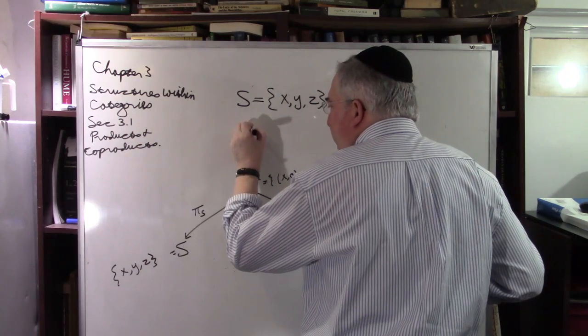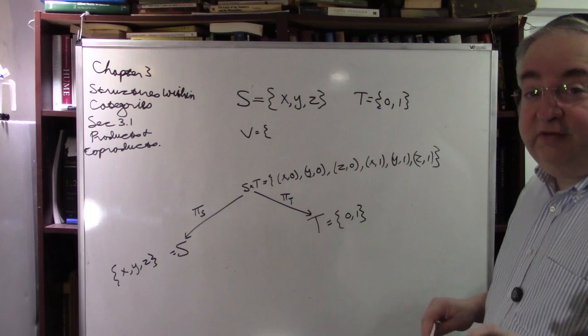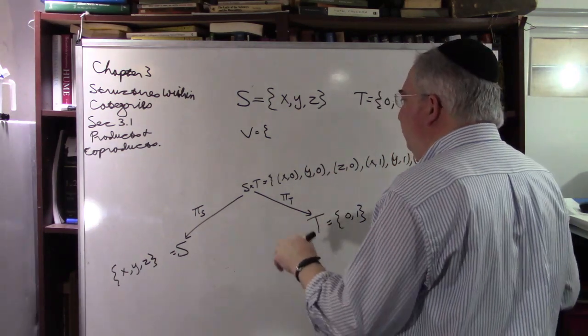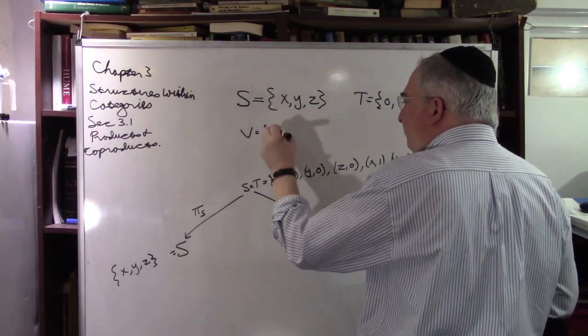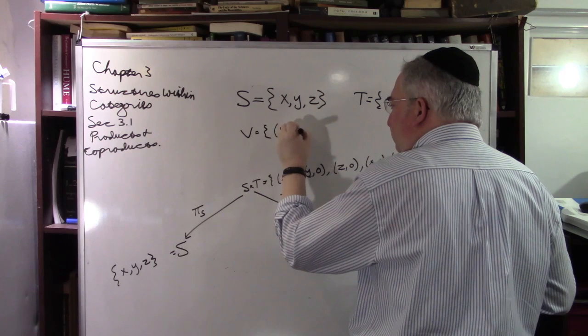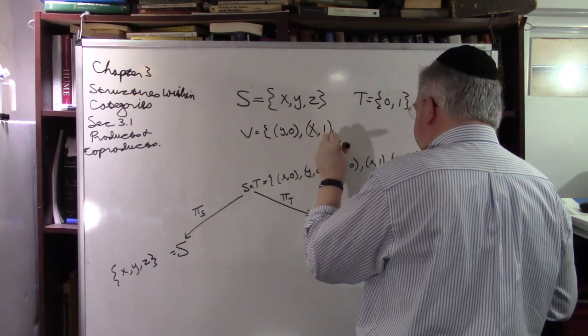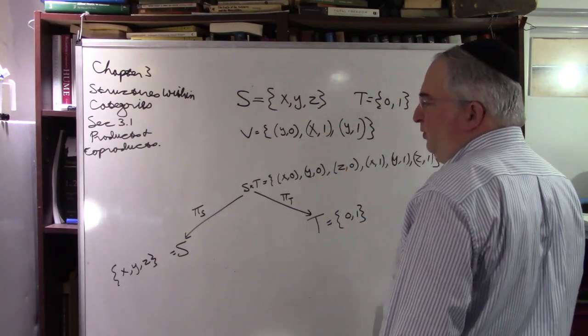Now, I want to talk about another set. Let's say we talk about another set V. We're going to have different types of V's. We're going to do 3 examples of this. But let's say V doesn't equal this whole set, but it has some of the elements. For example, it has (Y, 0), (X, 1), and (Y, 1). Let's say it has those 3 elements.